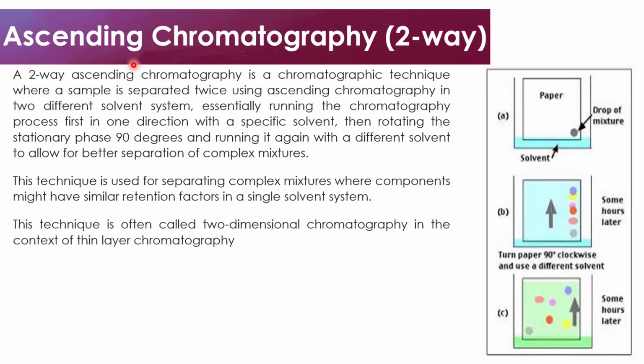This technique is basically used for separating complex mixtures where components might have similar retention factors in a single solvent system. And this technique is often called two-dimensional chromatography in the context of thin layer chromatography.